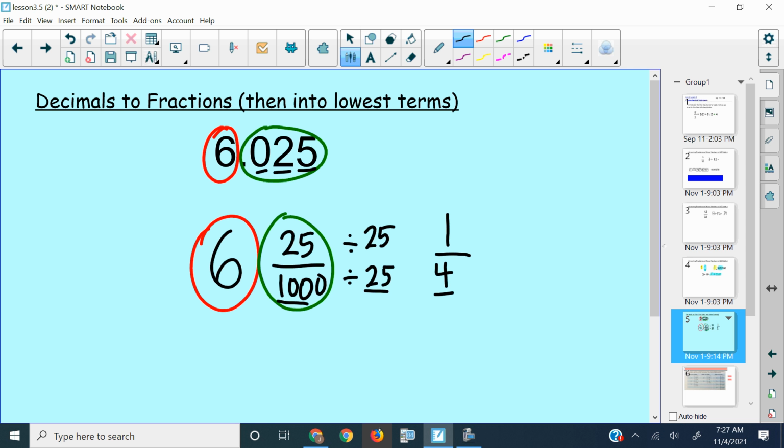I don't have 100, I have 1,000, and so I'm going to have one more 0 back here. All right, so this is equal to 6 whole things and 1/40th in lowest terms, or simplest form if you want to think about it that way.